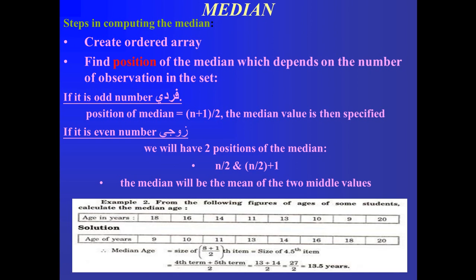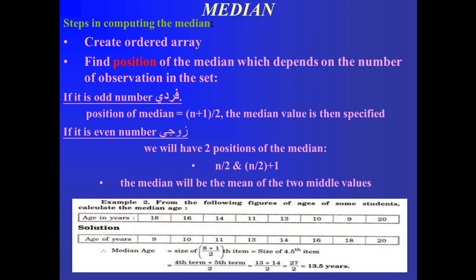If it is an odd number of observations, the position of the median is (n plus 1) over 2, and the median value is then specified. And if it is an even number, we will have 2 positions of the median, n over 2 and n over 2 plus 1. The median will be the mean of the 2 middle values.